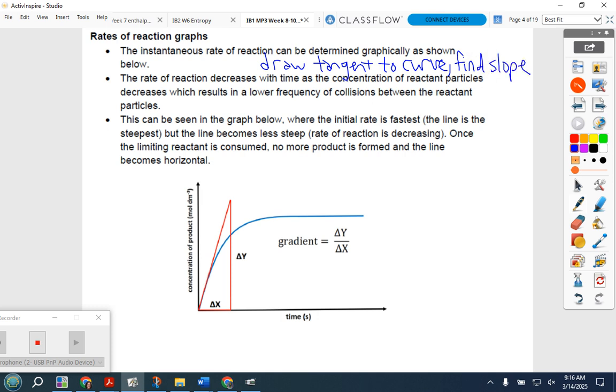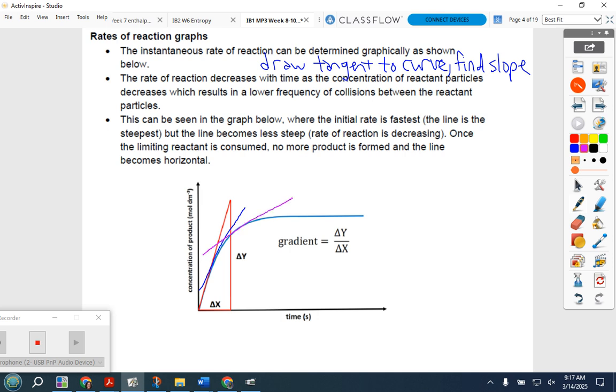Okay, and then you find the slope of the tangent line. And hopefully you can see that over time, that tangent line, and I can't really do this well because I can't put a ruler on the board, but that slope is going to get shallower.